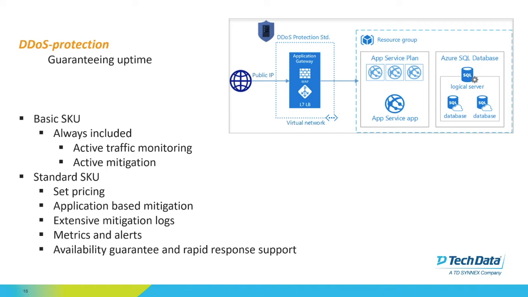And you get extensive logs, and you also get an availability guarantee from Microsoft. So if this fails to protect you, you will get service credits for those affected resources. And you also have access to rapid response support from Microsoft with this.